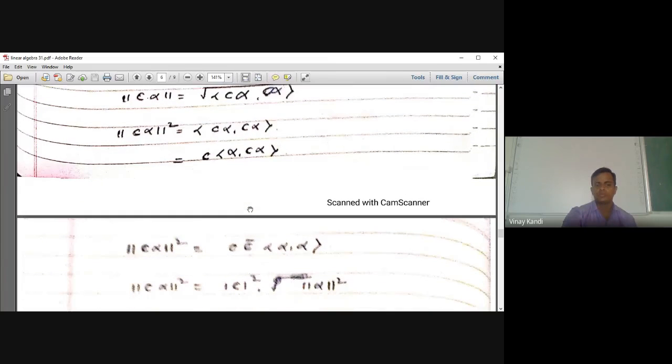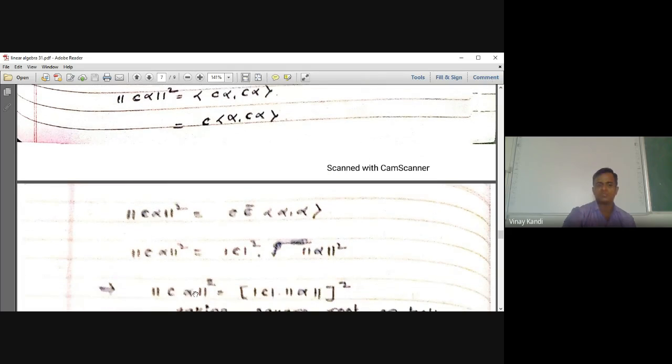So norm of C alpha square is equal to C into C bar times inner product of alpha, alpha. Now we know that if Z is a complex number, Z into Z bar is equal to mod Z square. By that definition, C into C bar means mod C square.